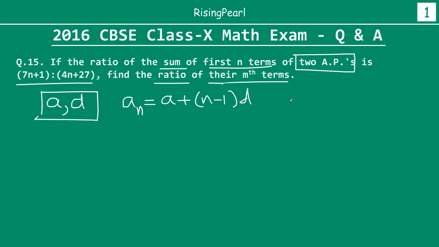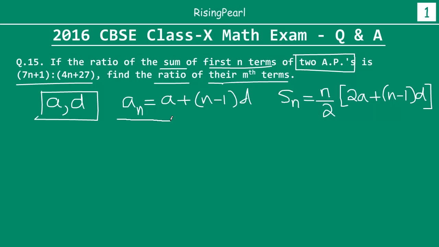Also the sum of first n terms is Sn equals n by 2 times twice a plus n minus 1 times d. These two formulas are known to us.